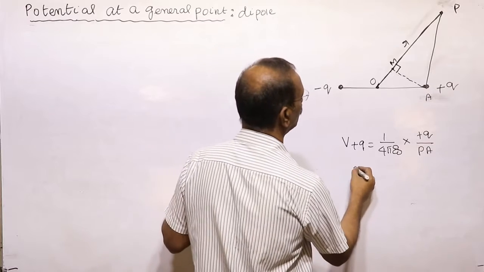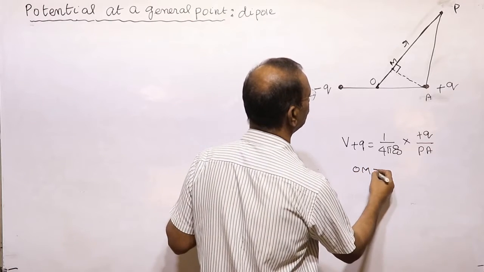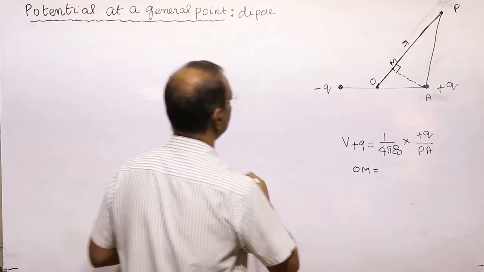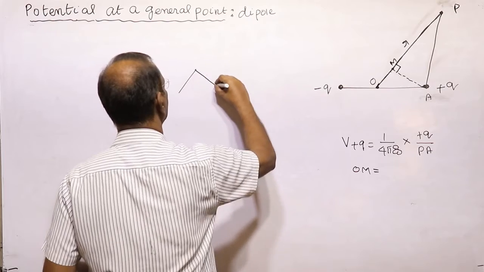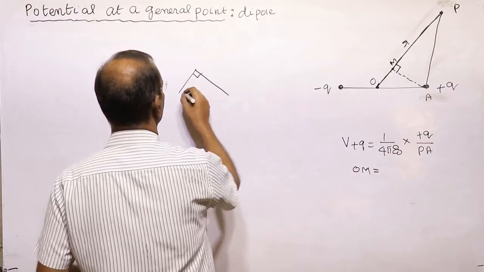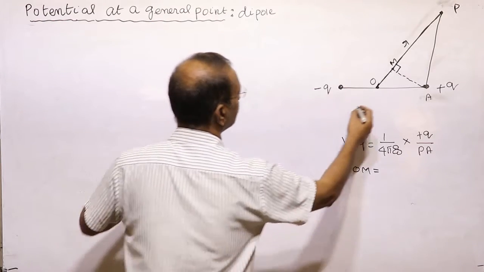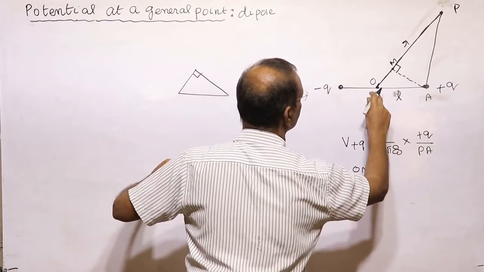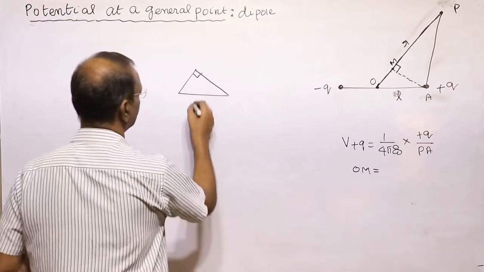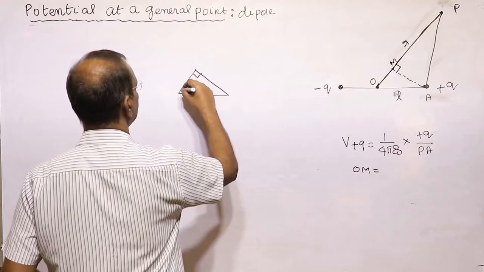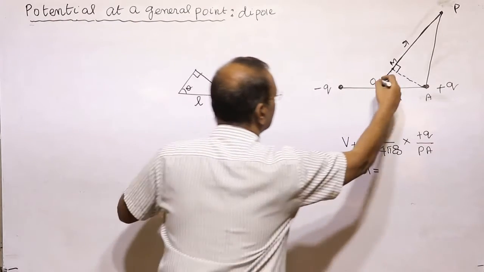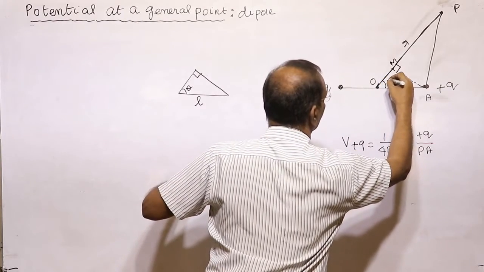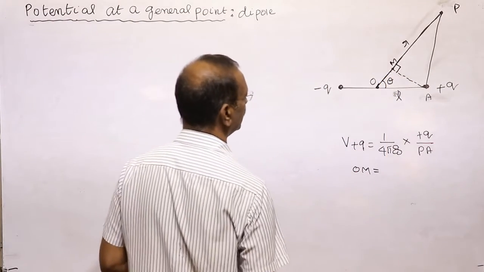Now you see the OM, what is OM? From this triangle we can see this is the perpendicular, and this is L, the distance from the center, and this is angle theta. So what is this distance OM?